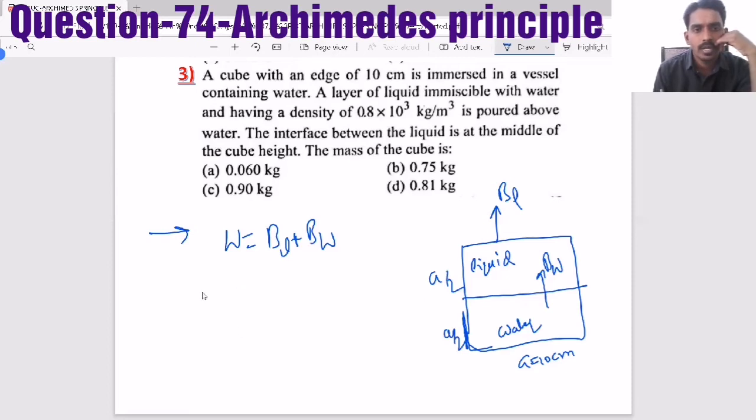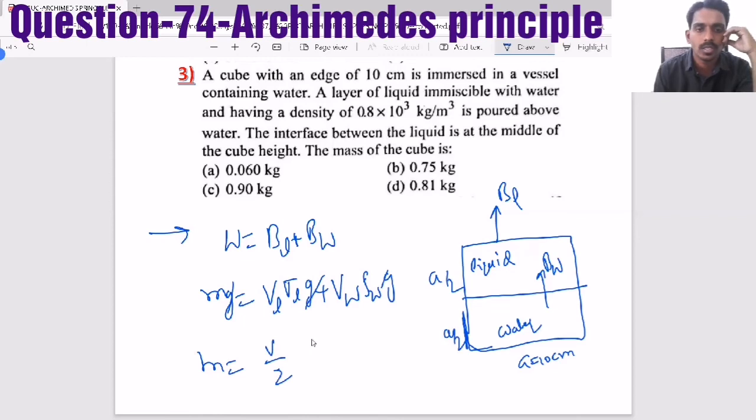Weight means M into G. Buoyancy due to liquid means volume inside the liquid into density of the liquid into G, plus volume inside water into rho W into G. G gets cancelled. So M equals volume inside the liquid, half, into liquid density 800, plus volume inside water, also half, into 1000. If you take V by 2 common, it is V by 2 into 1800.